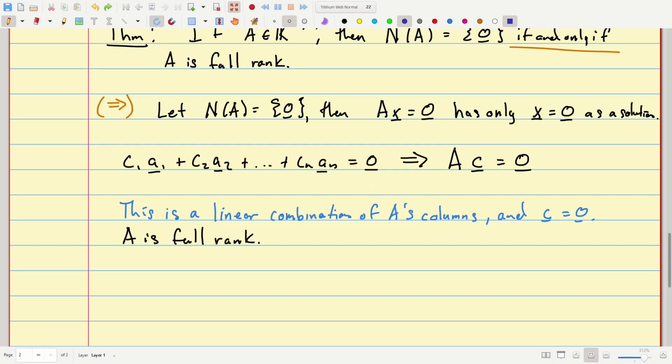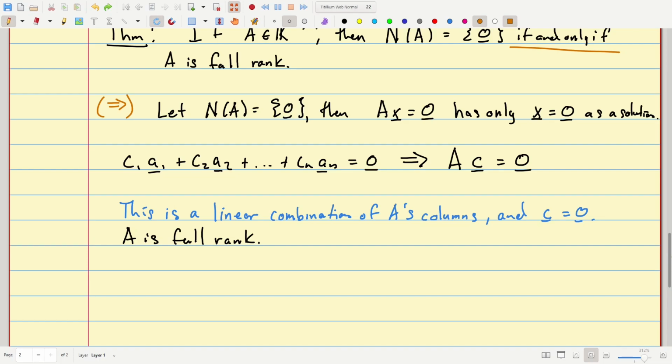This linear combination is only equal to 0 if c is 0. That's the definition of linear independence. A matrix is full rank if all of its columns are linearly independent. Questions about that?